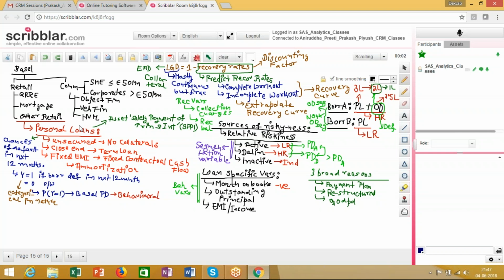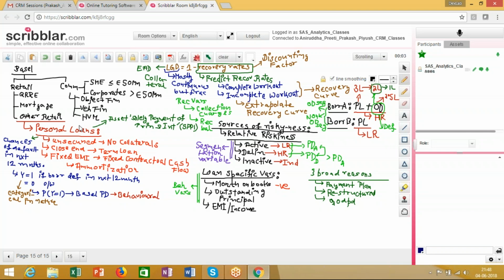Talking about the Basel classification, Basel subdivides the retail portfolio into three parts: QRRE, mortgage, and other retail.